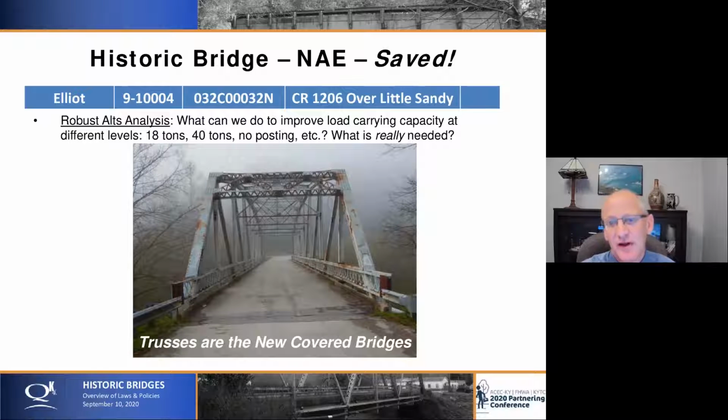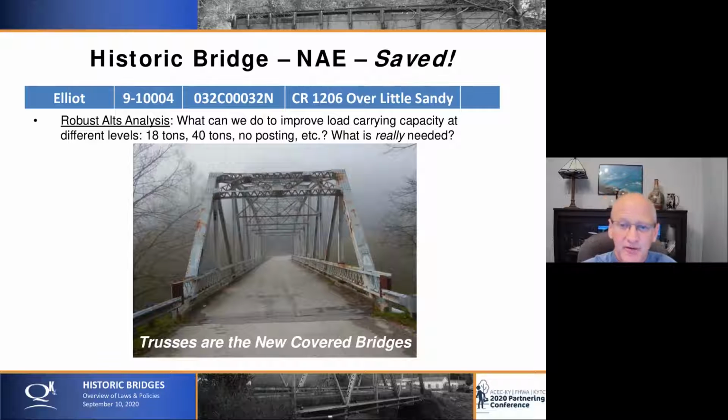An alternatives analysis is not left or right, or new bridge or different types of bridges, but what would it take to increase the load carrying capacity to the next level. If it's at 3 tons right now, what can we do to get it up to 18 tons? Or what can we do to get up to 40 tons? Or what can we do to get it so it's no posting at all? And to document those different options and put costs to them. And sometimes we can and sometimes we can't.